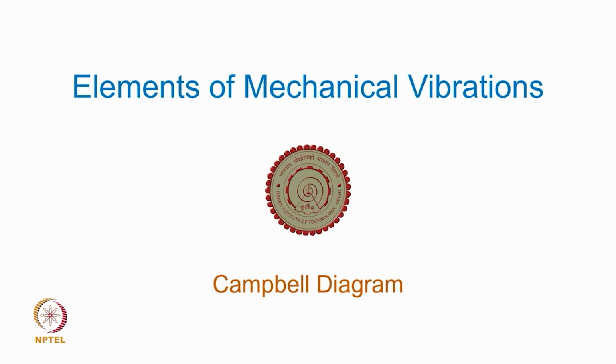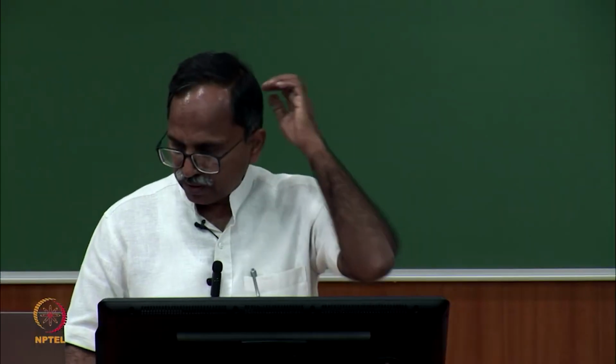So, finding out the resonance or critical speeds becomes a challenge and is important to know before the design is finalized. So, from the practical perspective, it is essential that we understand what a Campbell diagram is and how to make use of it.